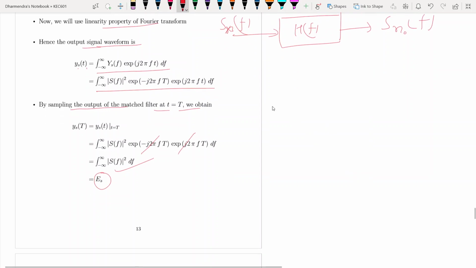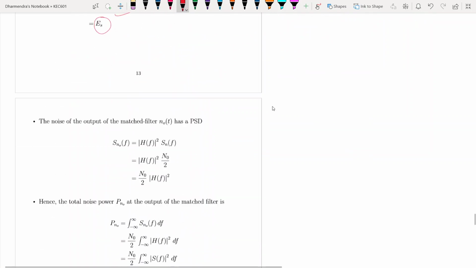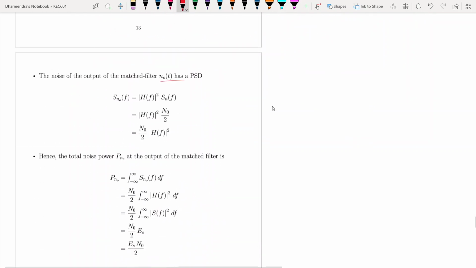This is the signal component. Now the noise at the output of the matched filter has a PSD. The PSD of the output of an LTI system is the square of the magnitude of H of f multiplied by the PSD of the input signal. Okay, this can be written like this.